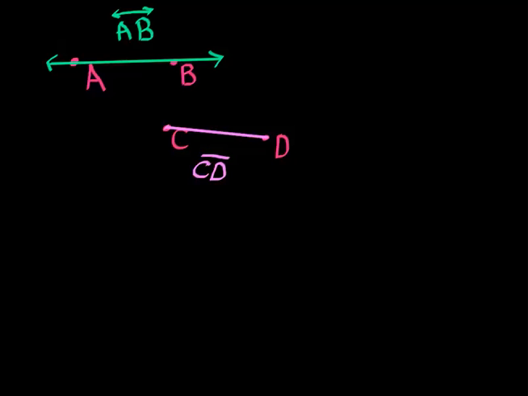That's the difference between line AB and line segment CD. Now, let's add another point here, and we'll call it point E. Let's take a look at what happens when we have a line that originates with a point, but it doesn't end with another point like our segment.